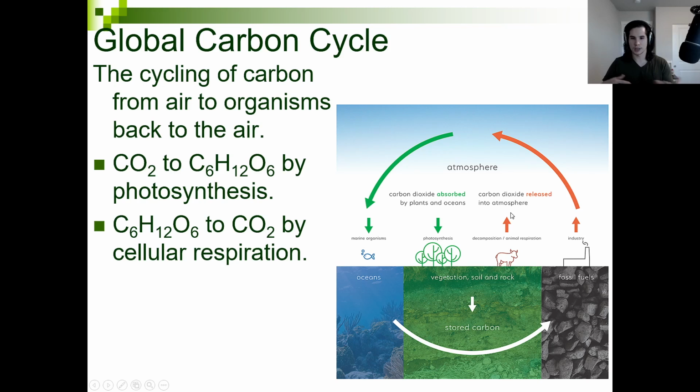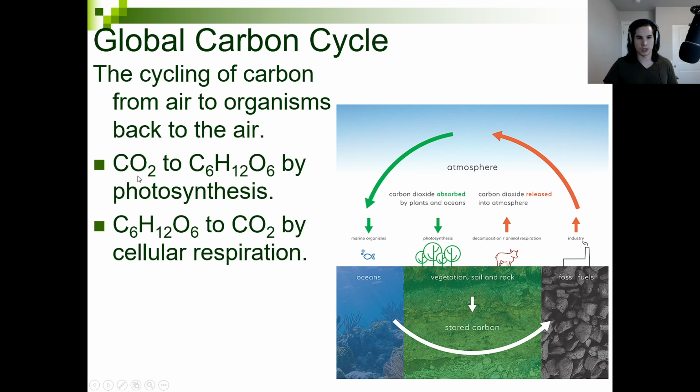You had this give and take where we breathe out CO2, and your photosynthesizers take in the CO2 and give out oxygen. But now with the introduction of burning fossil fuels, we've offset that whole balance. So the cycling of carbon from the air to the organisms back into the air.